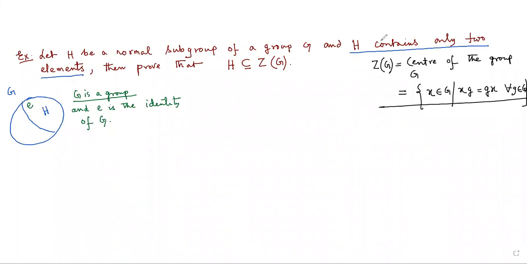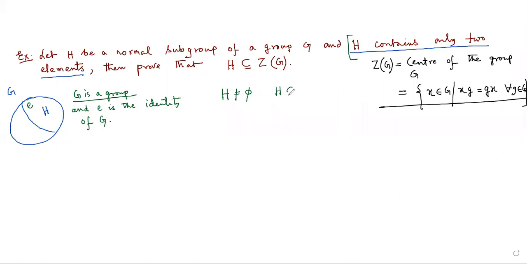You already know that. Now here it is mentioned that H contains only two elements. So what are the possibilities in this case? The set H, which is a subgroup, first of all has to be non-empty, as it is saying that H has two elements, so obviously it is non-empty.